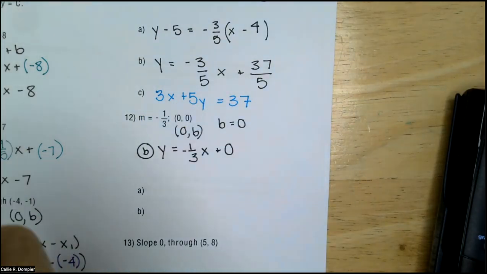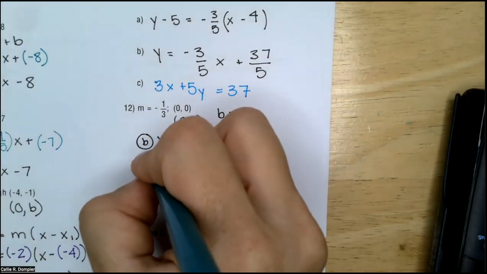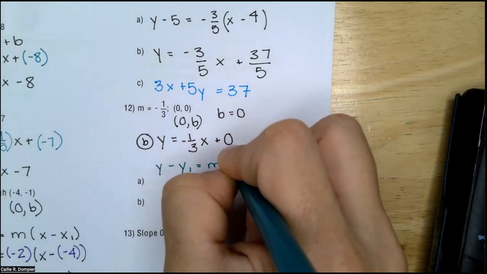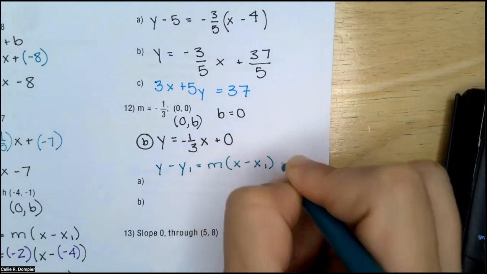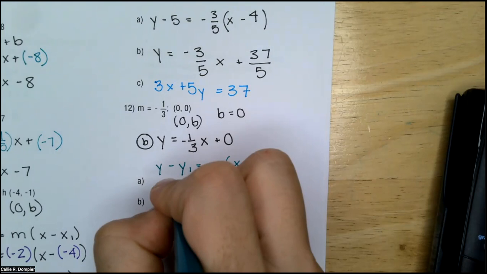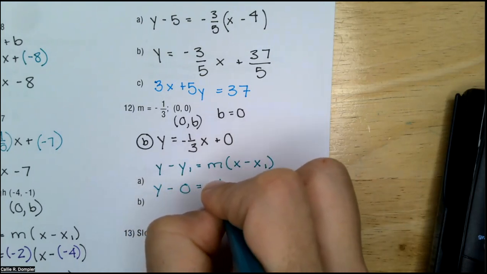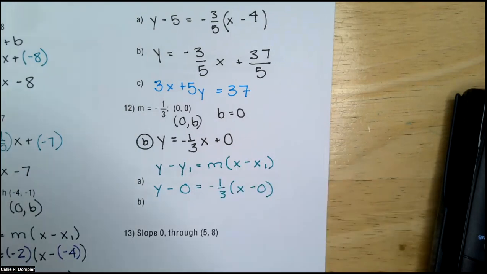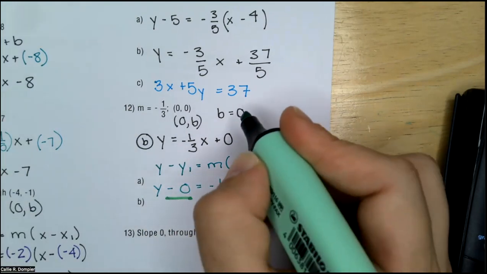And then our first one was point slope form. Y minus y1 equals slope times x minus x1. But my x1 and my y1 are both 0. So that becomes y minus 0 equals negative 1/3 times x minus 0, right? There's y1.